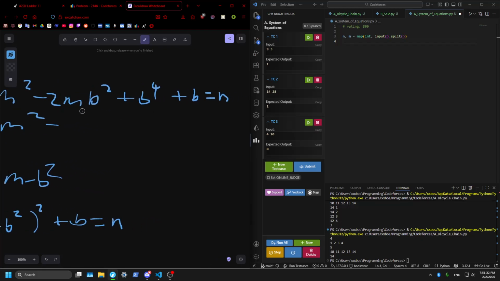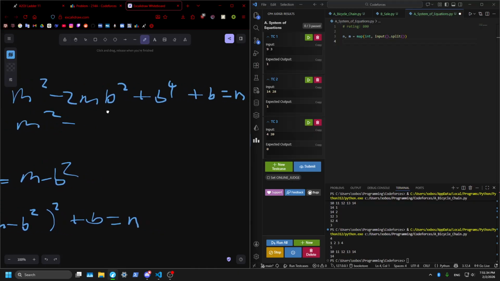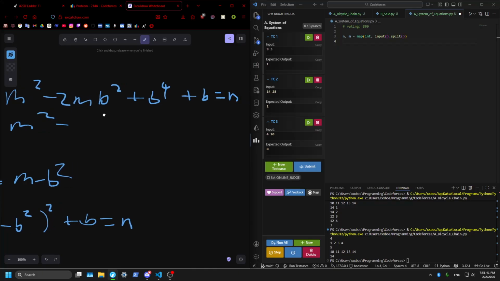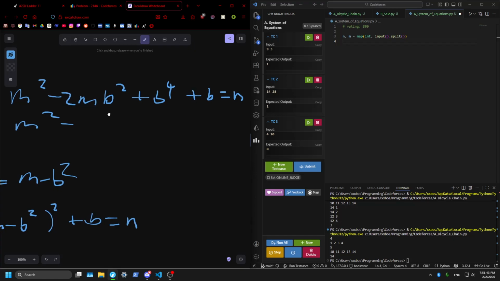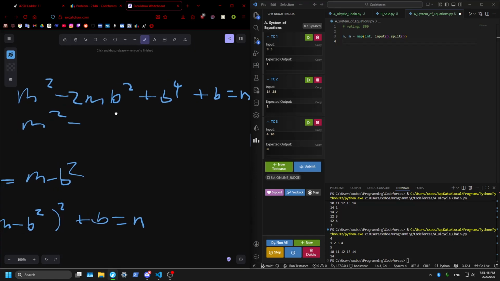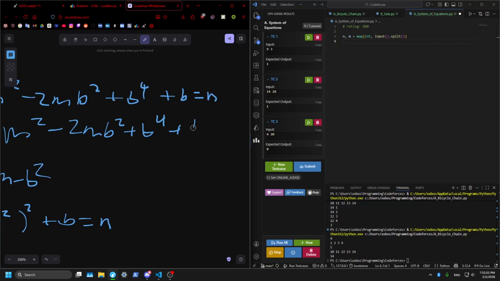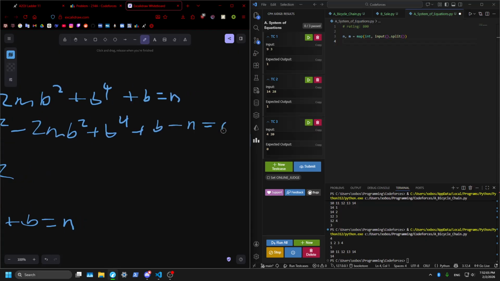well, we got this one. What's the easiest way to get b alone? m squared minus 2mb squared plus b to the fourth plus b minus n equals 0.